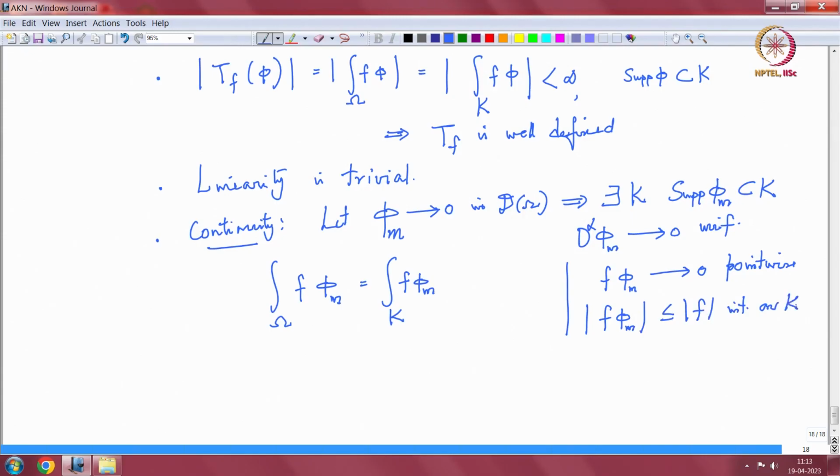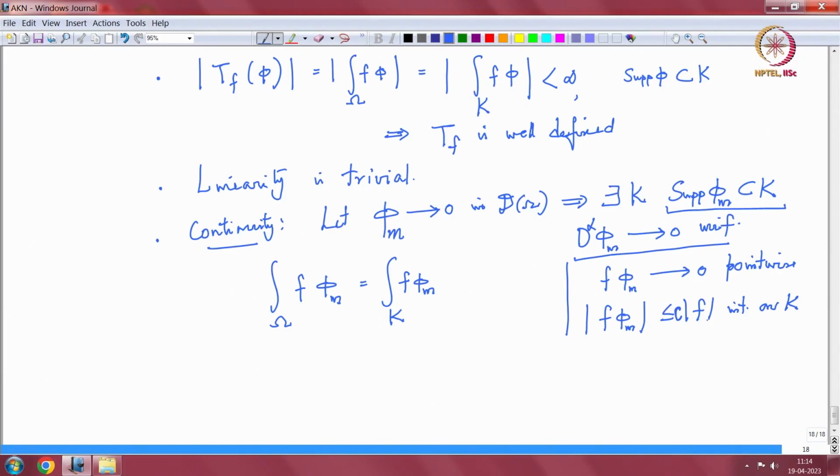So, you have a sequence which goes to 0 pointwise, and this comes from here. It is also in a single compact set. So, f phi m can be estimated with some constant. Of course, there will be some constant, otherwise phi m goes to 0, you can find epsilon, and for large m you can say that, but it doesn't matter.